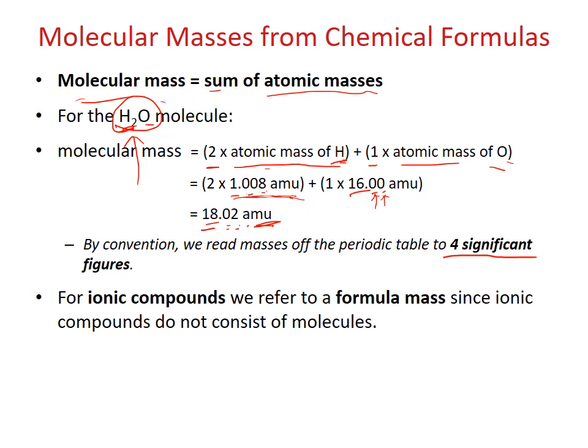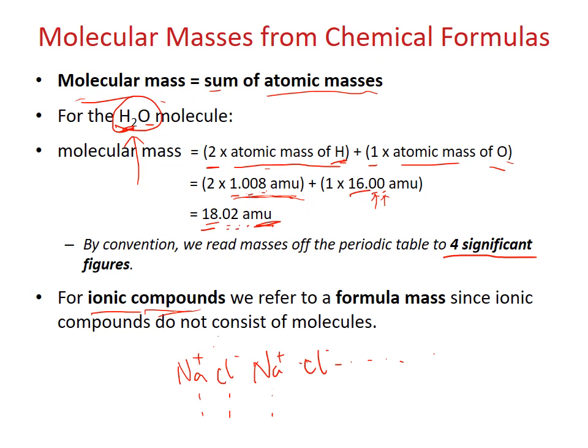What about the mass for an ionic compound? An ionic compound does not have molecules. For example, sodium chloride is an infinite array of sodium and chloride, so you go 3-dimensional. Negative charge is adjacent to positive charge.